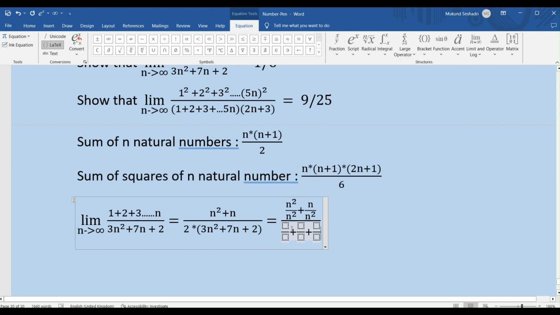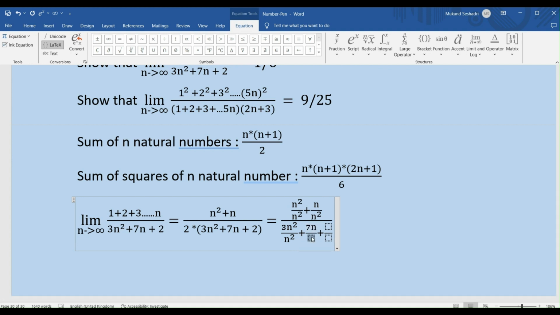So I will have 3n square divided by n square plus 7n divided by n square, and I have 2 divided by n square. And remember, I still have my 2, so I retain my 2.